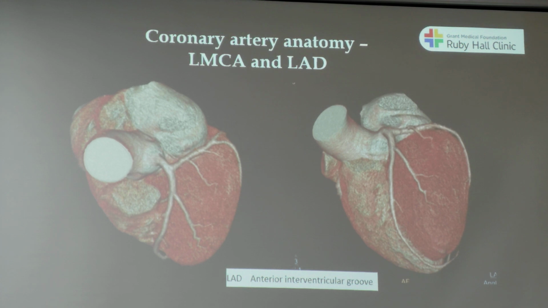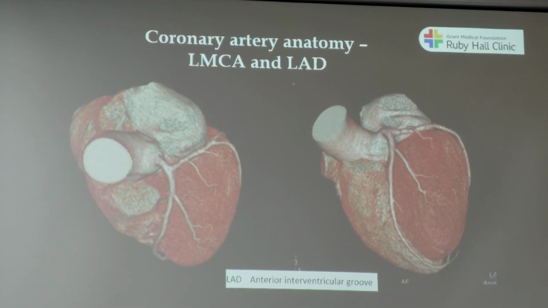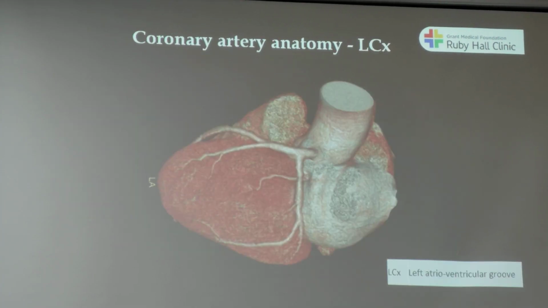Okay, so the branches arising from the LAD, these are the diagonal branches on the lateral aspect, and the septal branches over here, which go into the myocardium. Similarly, LCX has obtuse marginal or OM branches.